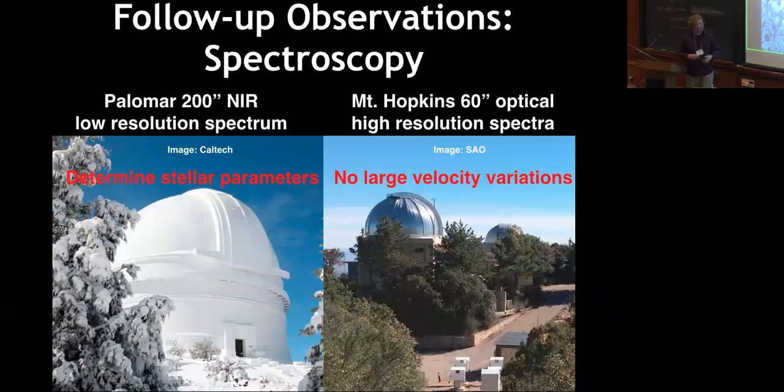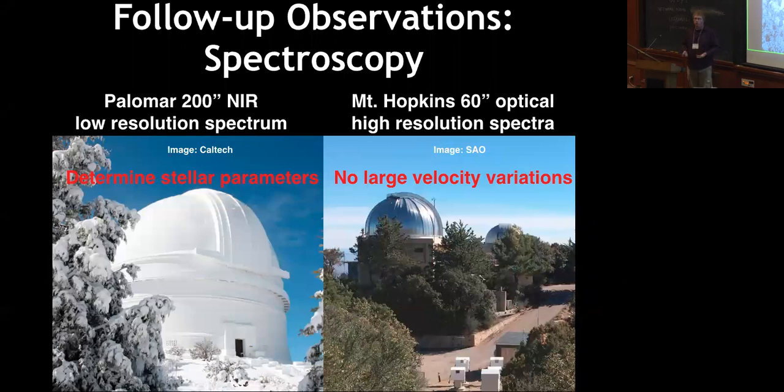We also observed it with the 1.5 meter telescope at Mount Hopkins. We used the high resolution optical spectrograph there to very carefully measure the speed of the star, to measure the radial velocities. Now, these radial velocities we got here are not precise enough to actually detect the planet. It would take much more telescope time and larger and more sophisticated instruments to actually detect the motion of these very small planets.